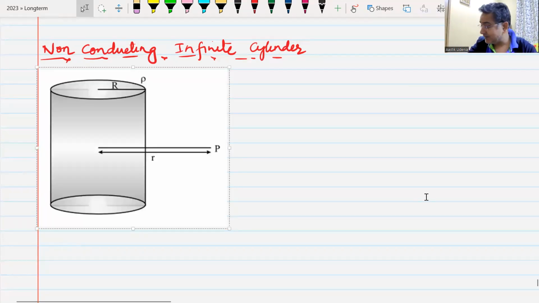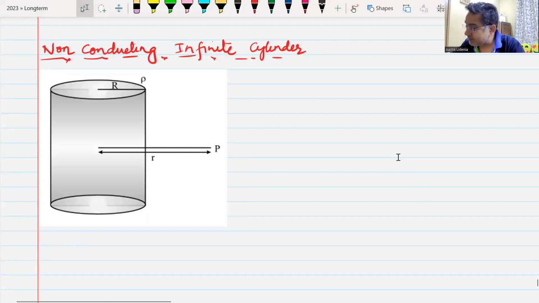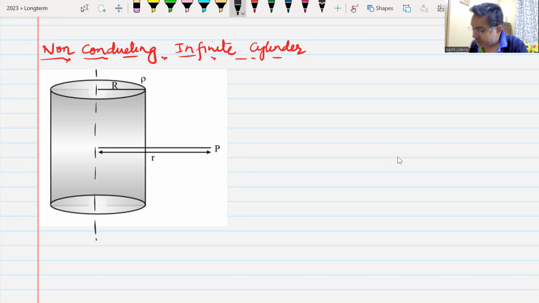This is the diagram. If I call this the axis, electric field on the axis, that is the central line, would be 0. On this axis the electric field will be 0 because it will be cancelling out from everywhere.